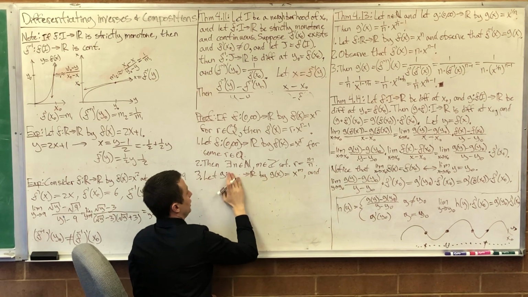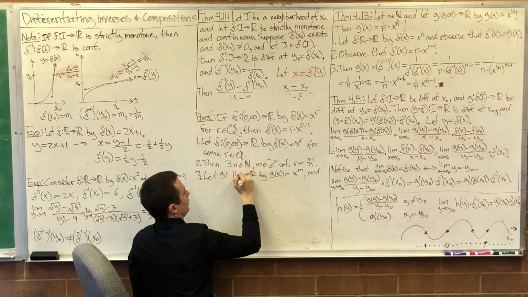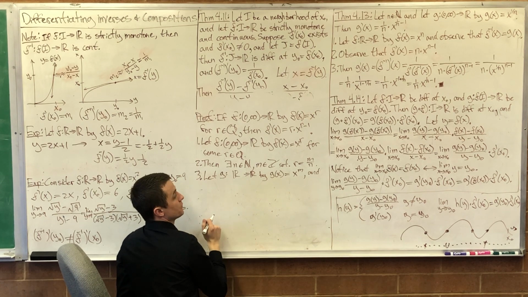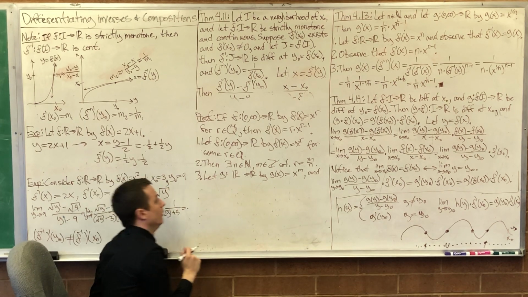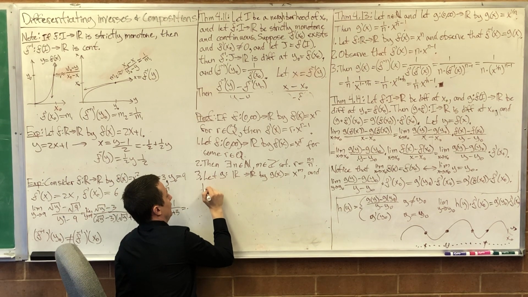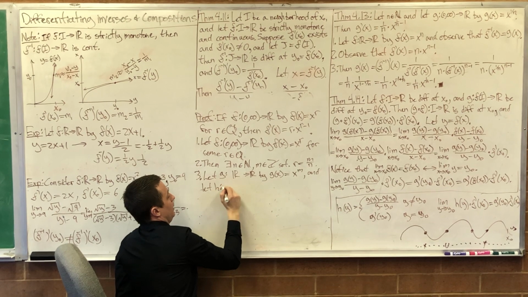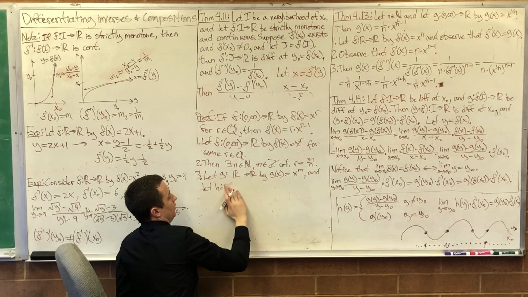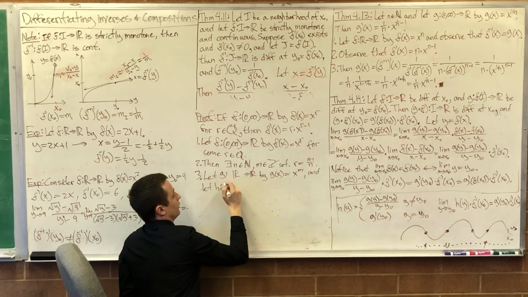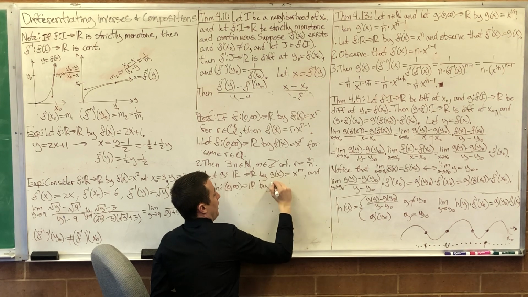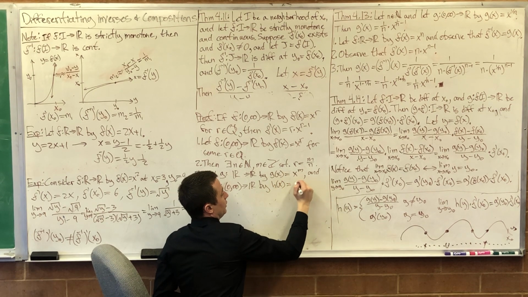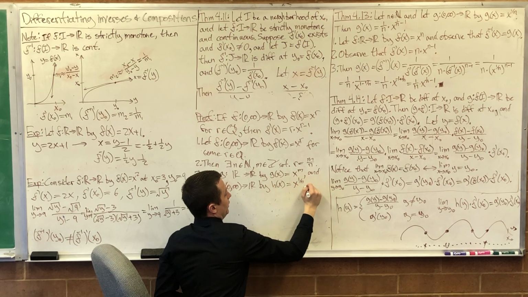That one can just be r to r. We don't need to worry about restricting the domain on that one. Do we? No. And let h be the inverse now, so that's one where we're removing the restricted domain, from 0 to infinity to r, by h of x is equal to x to the 1 over n.